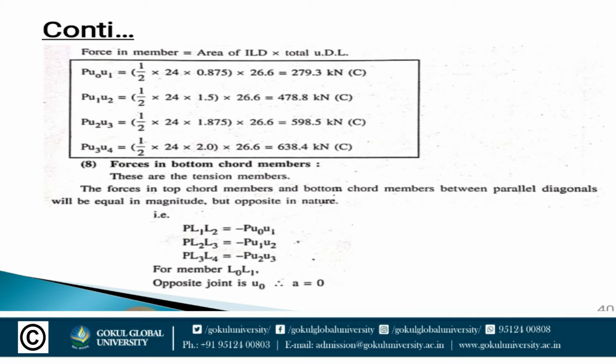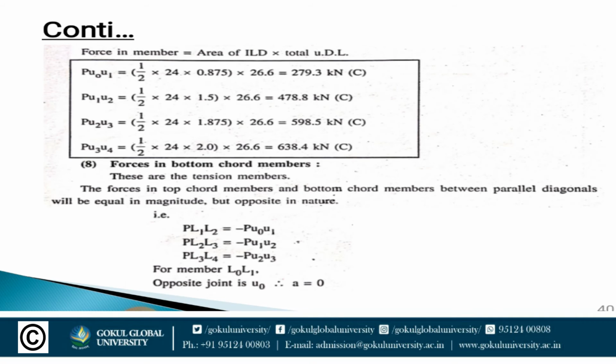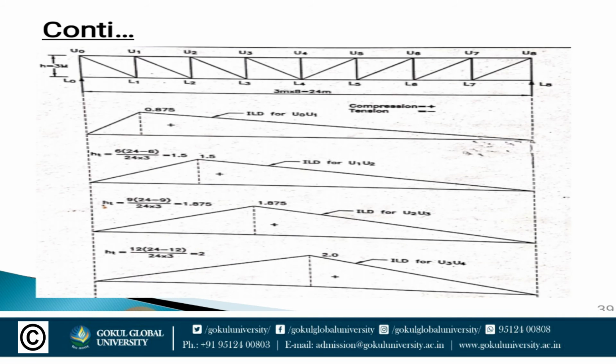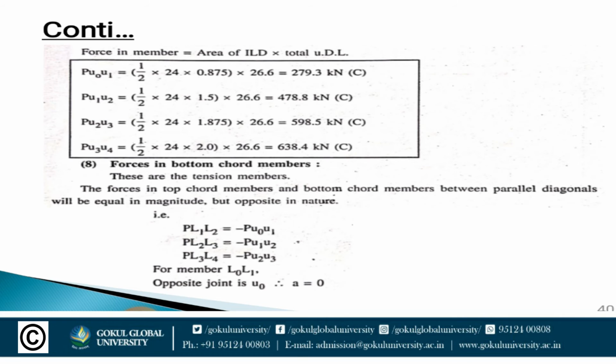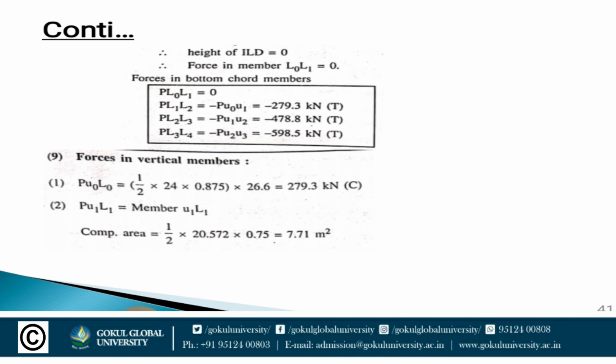Second one, P L2 L3 is minus P U1 U2. Third one, P L3 L4 is equal to minus P U2 U3. For member L0 L1, the opposite joint is U0, right? So that time small a is equal to 0. So for the first member, the height of ILD is equal to 0.